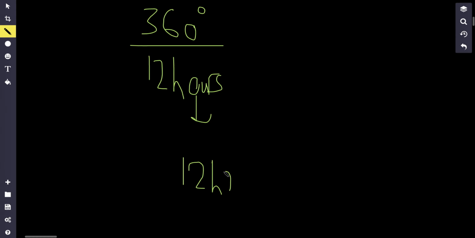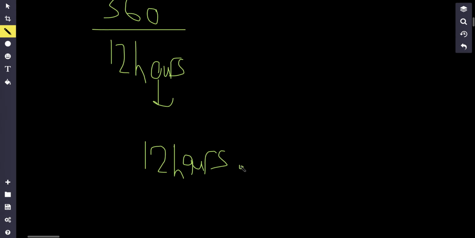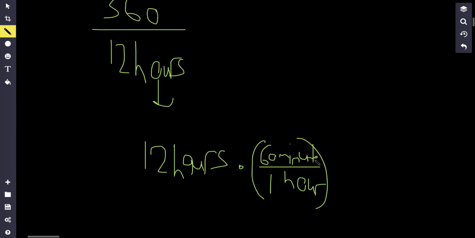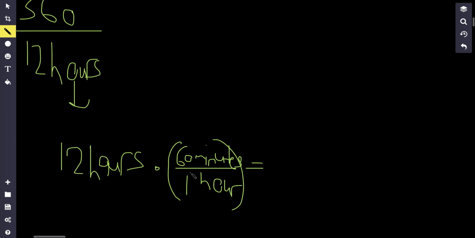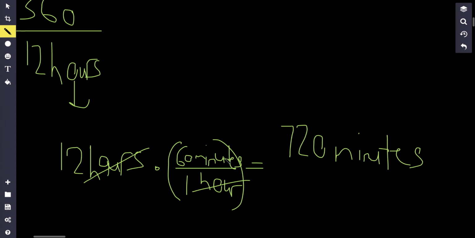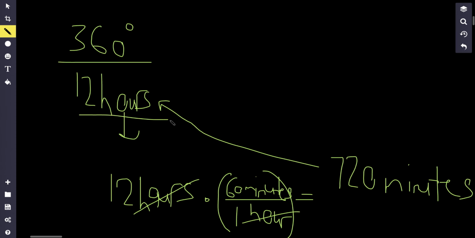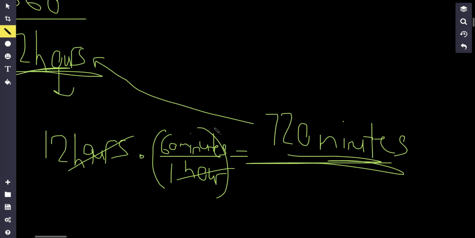So we know that in 12 hours, we have 12 hours here, and we know that every 1 hour, there's 60 minutes. There's 60 minutes in 1 hour. So doing the math, we get that there's 720 minutes in 12 hours. So 12 hours is equal to 720 minutes.